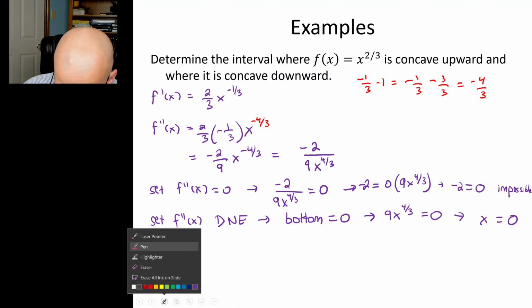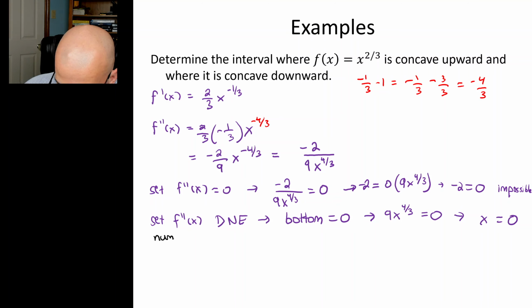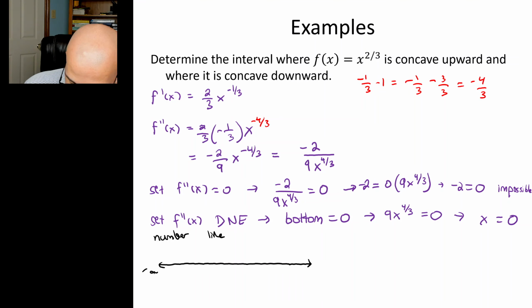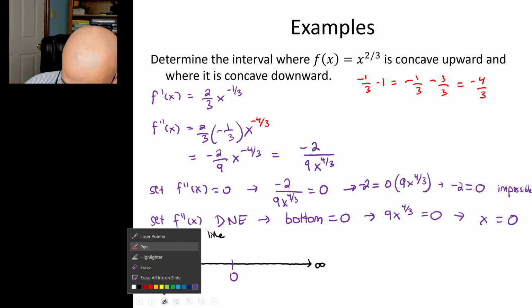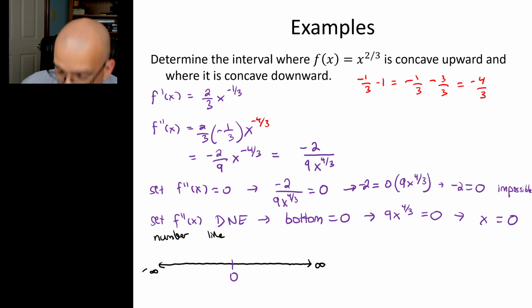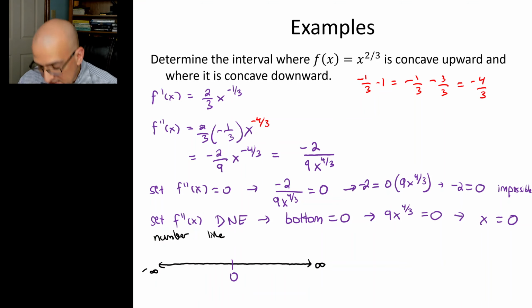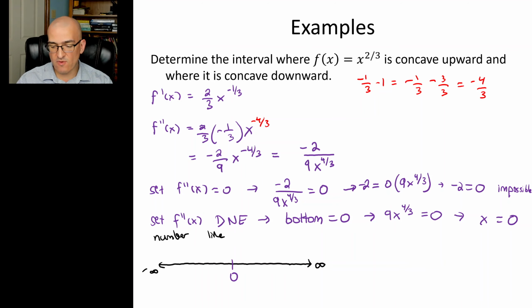Okay, now we make our number line. Minus infinity to infinity. We're going to cut the number line at 0. I'm going to choose some test values. Be smart when you're picking your test values. Yes, that's arbitrary. You can pick 7 if you want.